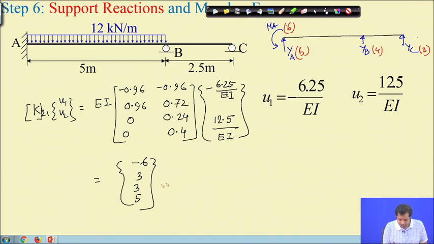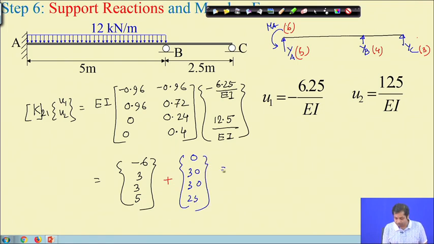The total forces will be this plus, in addition to that, the contribution from the fixed end reactions. The fixed end actions are 0, then 30. You can cross check from the previous class.